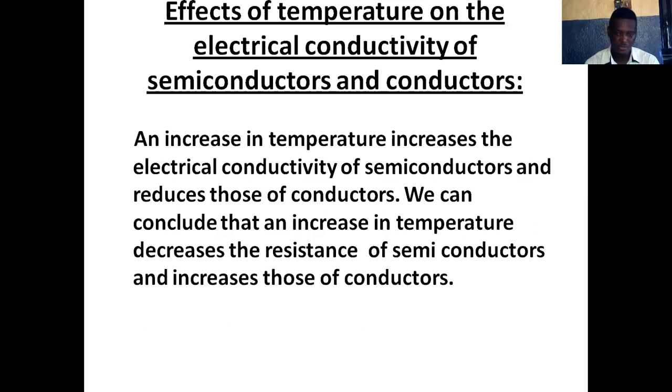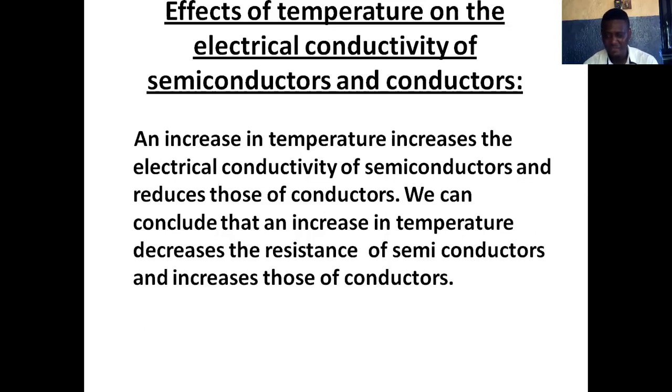That is for semiconductors. But for conductors, if you increase the temperature, there will be agitation of the metal. If you're talking of metals now, the molecules which the metals contain will be vibrating together. And as they're vibrating together like that, their electrons will be impeded. The electrons will be slowed down, and therefore there will be high resistance.